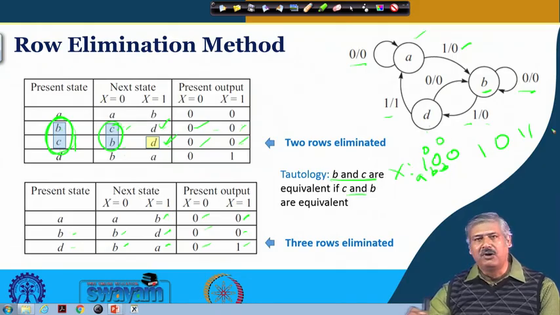If you go on doing it, you will find that, for any random sequence that you have taken, the outputs remain the same, only the next state values differ because of the equivalence. So, this input-output relationship does not alter.